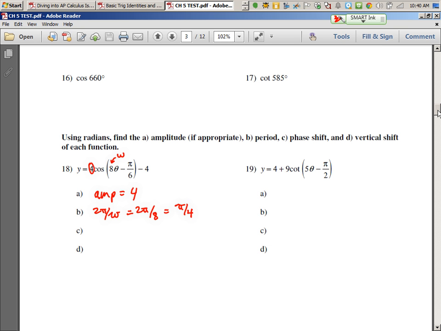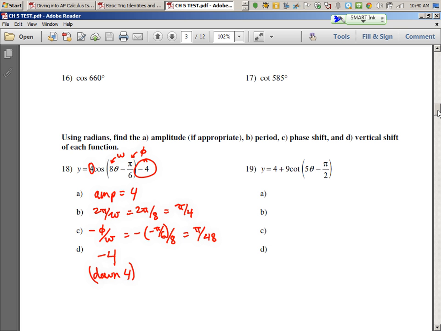The phase shift is negative phi over omega. This is phi. So it's negative pi over 6 over 8. So it's pi over 48. And the vertical shift is just chilling right outside. That's the negative 4. Or you could say down 4 is a nice way to say it.